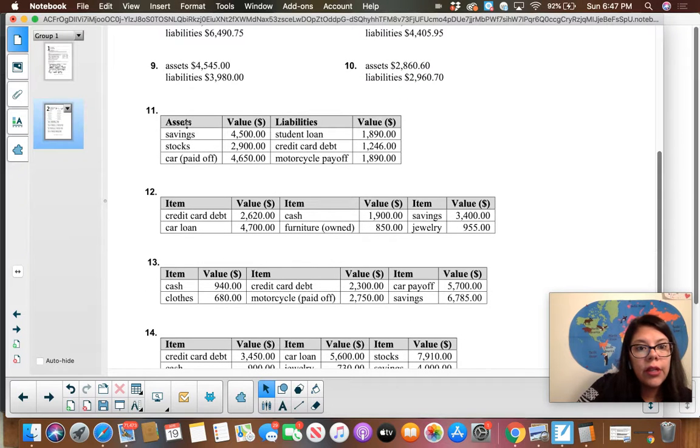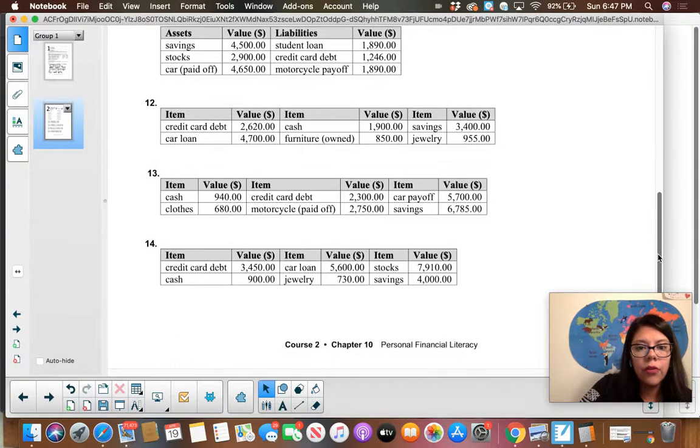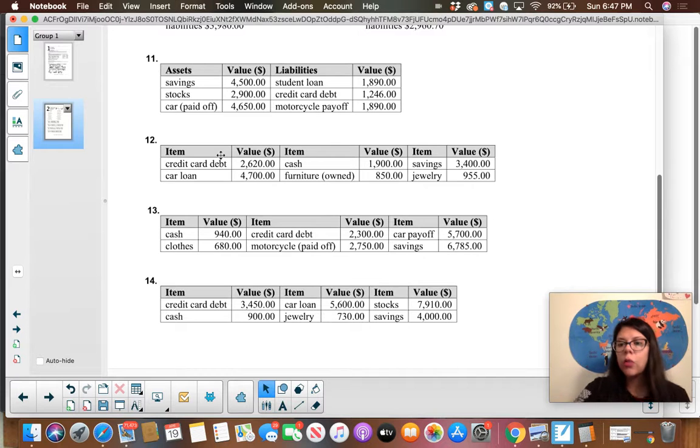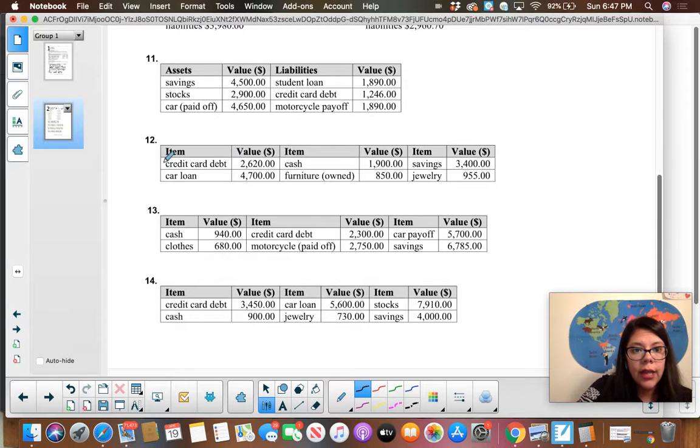Numbers 11 and 12. Let's see, number 11, it's nice and organized for you, assets and liabilities, except for problems 12 through 14. It's not. You're going to have to figure out what is an asset, what's a liability. Okay, like for number 12, we have credit card debt, that's liability.